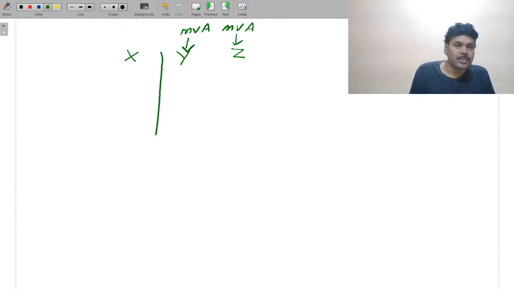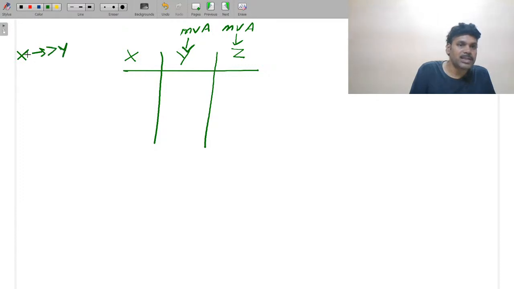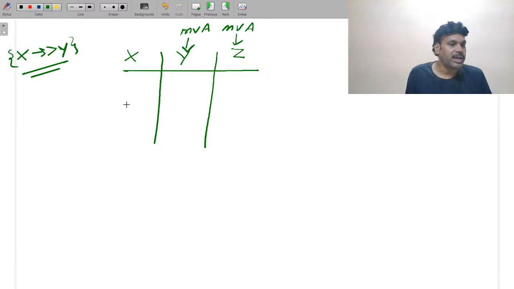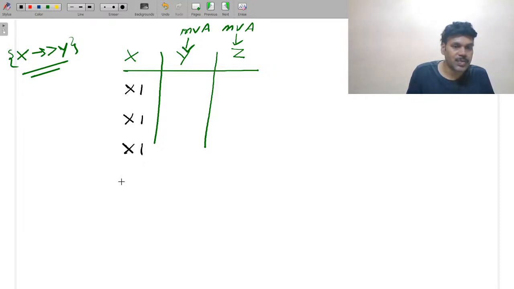You want to prove there is a multi-value dependency between X and Y. That's why there is a mandatory condition. What is the mandatory condition? Fill the data, you will come to know. X1, X1, X1, X1. Tuple 1, tuple 2, tuple 3, tuple 4.